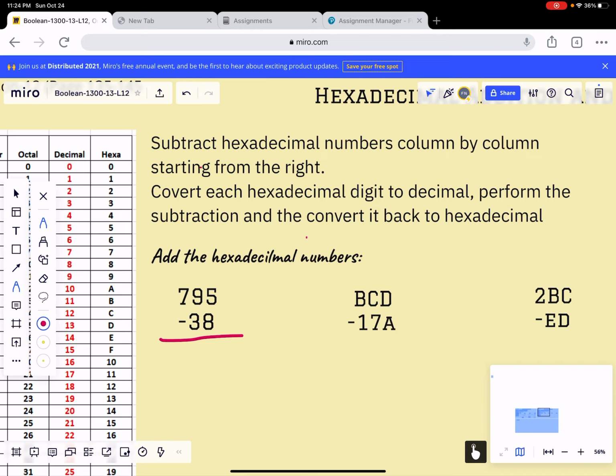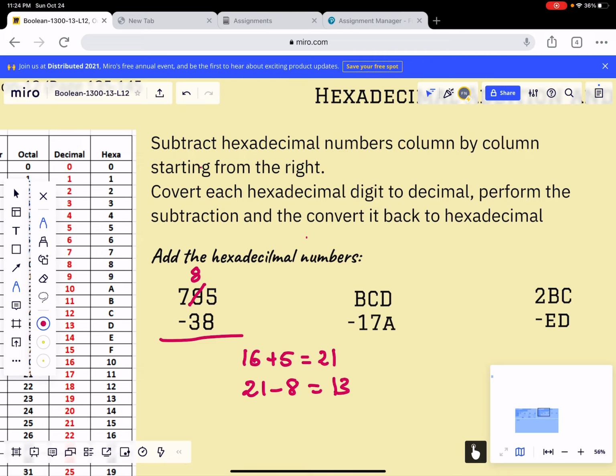So let's say 5 cannot subtract 8, so you borrow 1 from 9, so you cross it and you only have 8 over here. So you borrow 1, that means you got 16. So 16 plus 5 equal 21, and then you take 21 minus 8 equal 13.